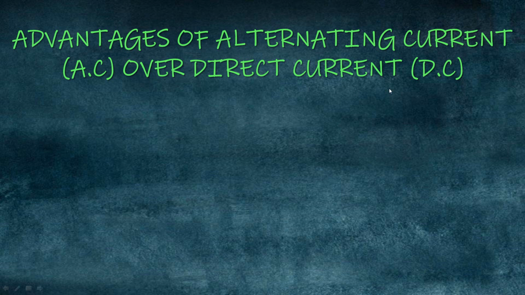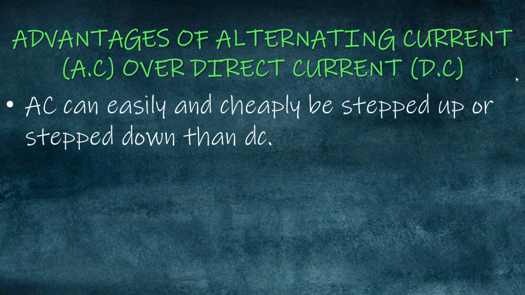It was between Tesla and Thomas Edison. Tesla invented the AC, the alternating current, and Thomas Edison, the genius of Menlo Park, invented the direct current. So they were fighting. There was a very big war in America, and you'll find out which current won.